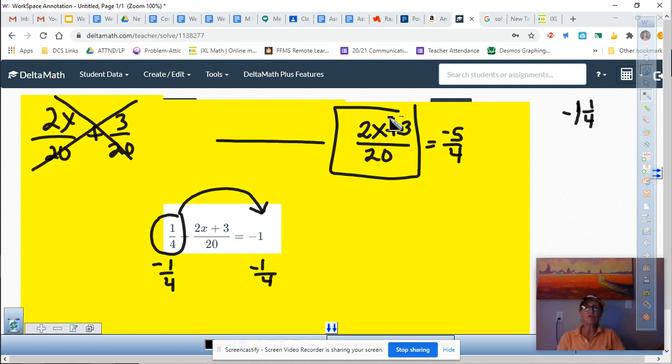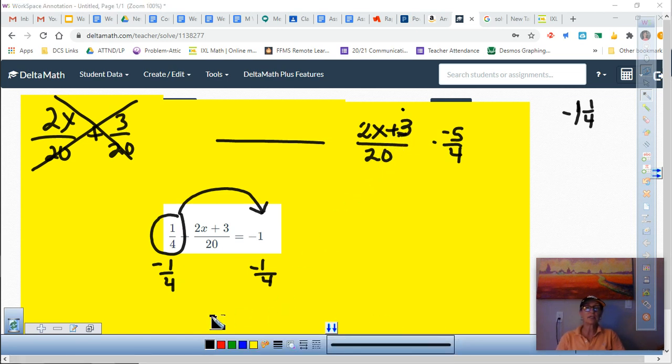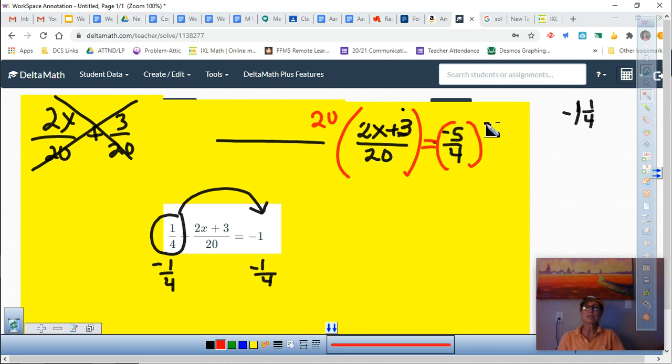And in order to solve it, to get rid of this, we simply multiply both sides by 20, and that gets rid of this denominator. Now, I couldn't do that before because it was an addition problem to start with.